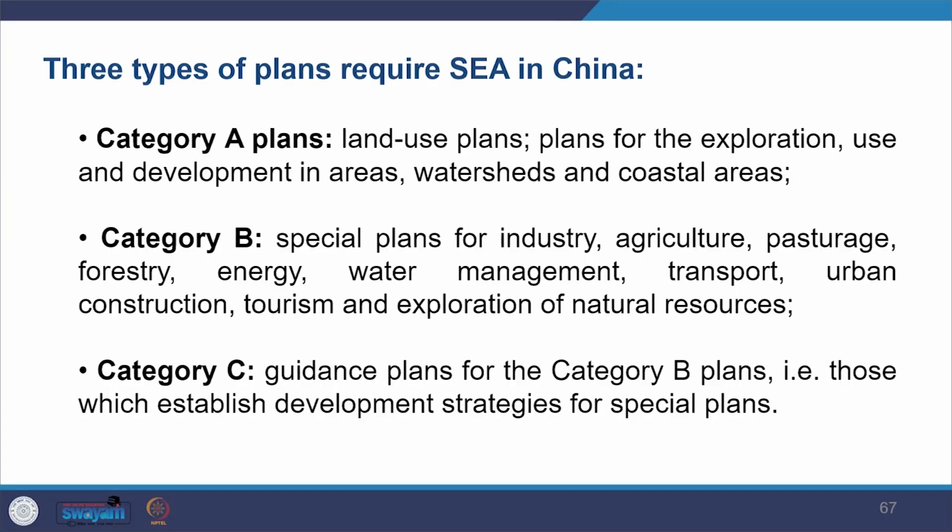Based on that, 3 types of plans are required in SEA in China. So you see category A plans, where you have land use plans, then you have category B special plans for industries, and then category C guidance plans for category B plans, those which establish development strategies for special plans.